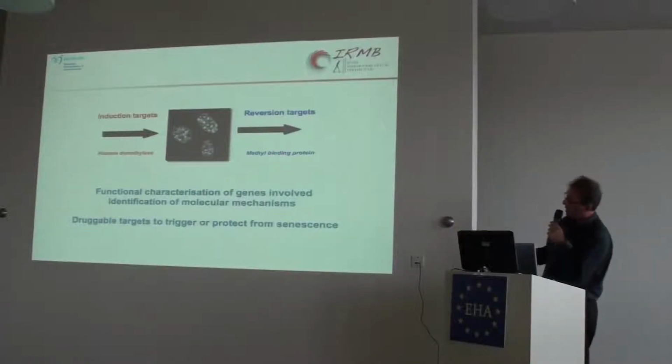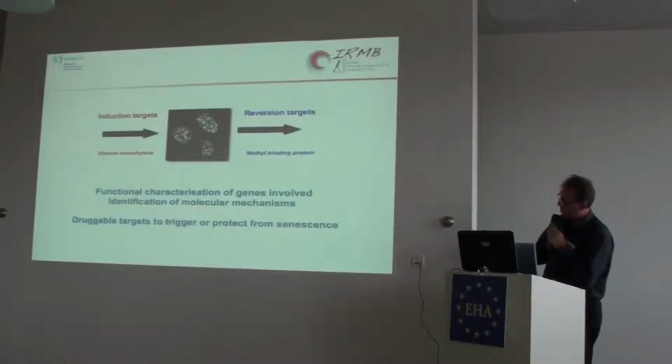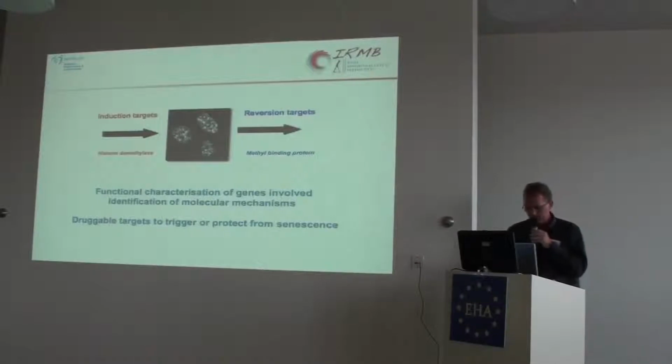So actually we selected different candidates for induction and for reversion, and we are now focused on histone methylases and also methyl-binding proteins for reversion of the structure. And the objective is to find drugs mimicking the siRNA activity to trigger or to protect from senescence.